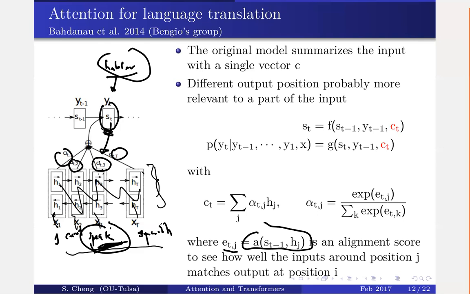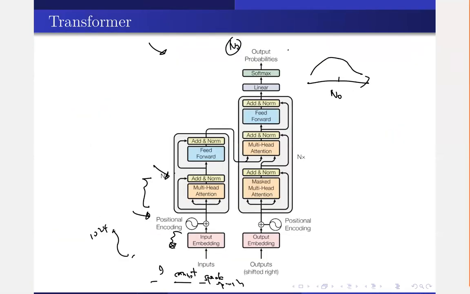Therefore, we want to add back some kind of position information. This positional encoding simply generates some kind of code, typically a sinusoidal signal. You can think of it as a 1024-length vector here.